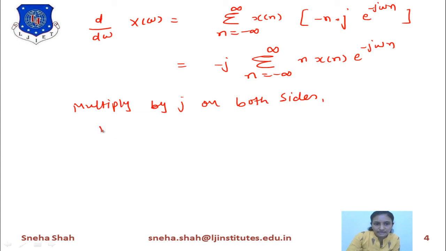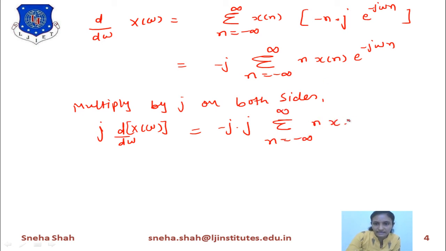So this term will become j into d by d omega X of omega is equal to, this term will convert to minus j into j because we are multiplying by the j factor. Summation n equals minus infinity to infinity, this term becomes n into x of n into e raised to minus j omega n.